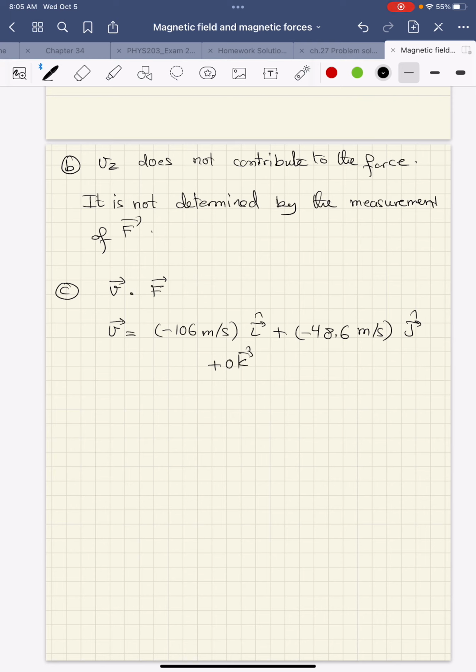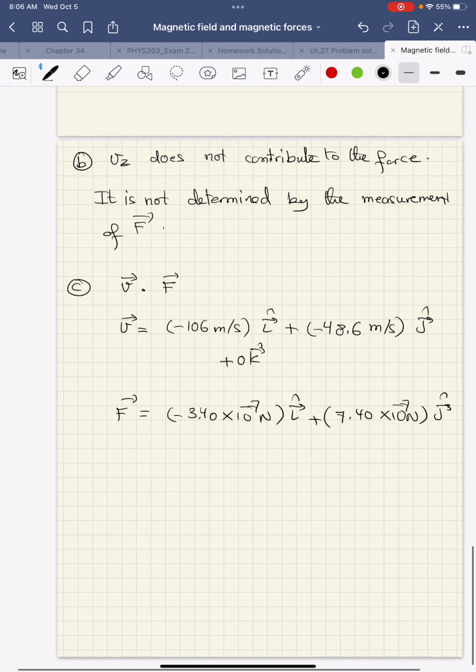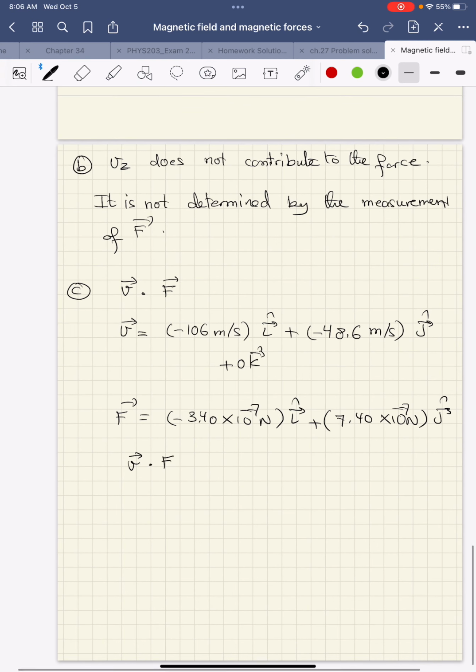I can do that and verify it. This is going to be 0 since they are perpendicular to each other.